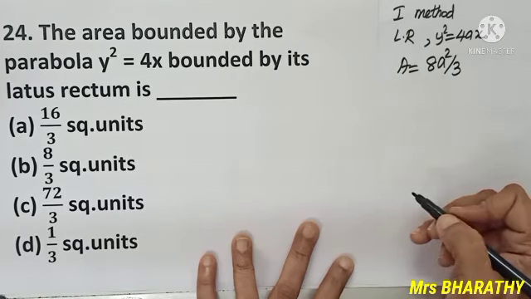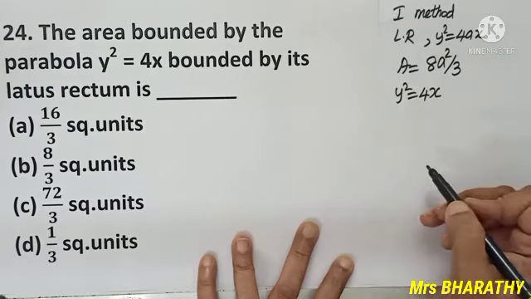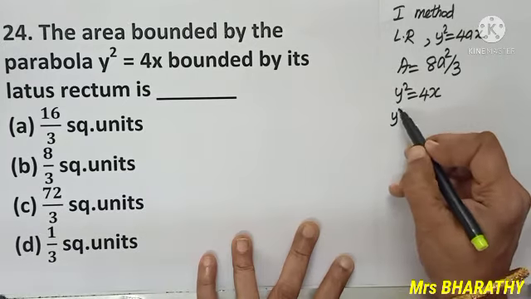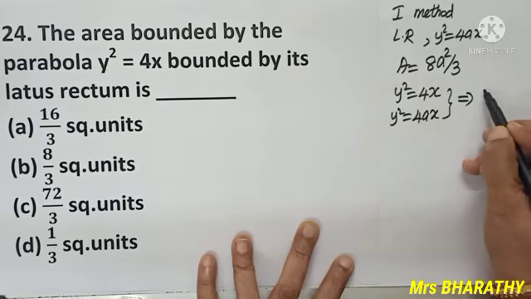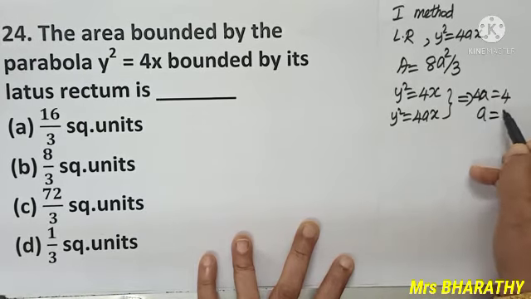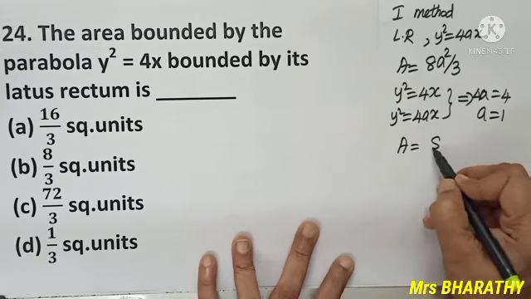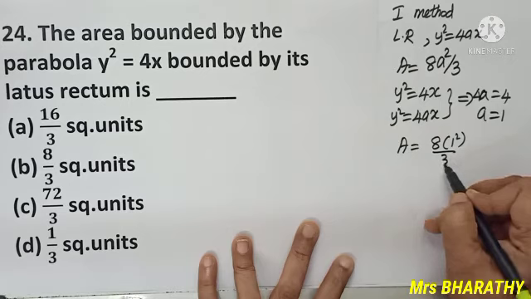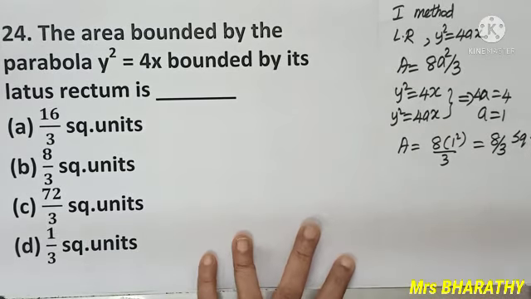In this question, y square equal to 4x is given. As I compare with y square equals 4ax, I get 4a is 4, or a value 1. So area will be 8 into 1 square by 3, that is 8 by 3 square units.